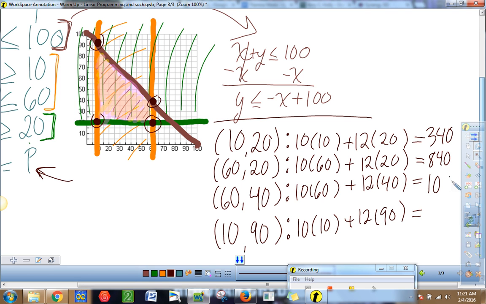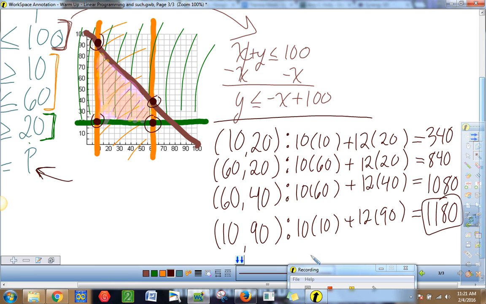Hold on, let me check. 1,080. Oh, it's okay, 4 times 2. Right, okay. And then what's the last guy? That's 100. It says 1,000 and 180. 1,180. All right, boom. That's a good prize right there.